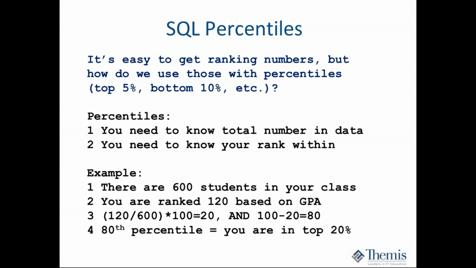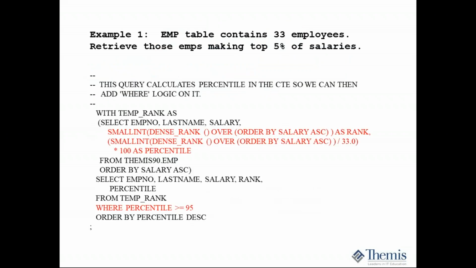So we can use rankings to do this kind of stuff. Here's a query that does some dense ranking. You can see this is a z/OS SQL thing where we use a small integer function so I don't get a bunch of decimal points out. We're taking the number 33.